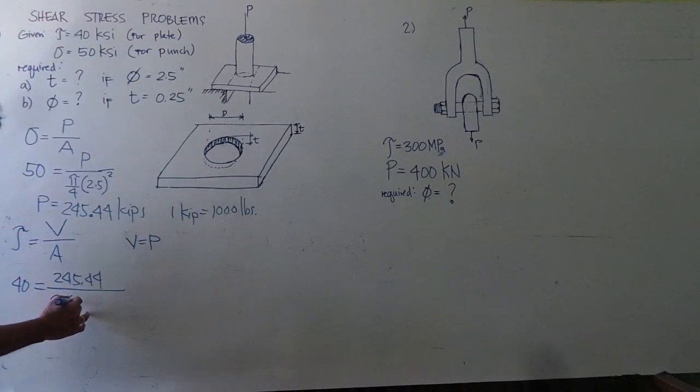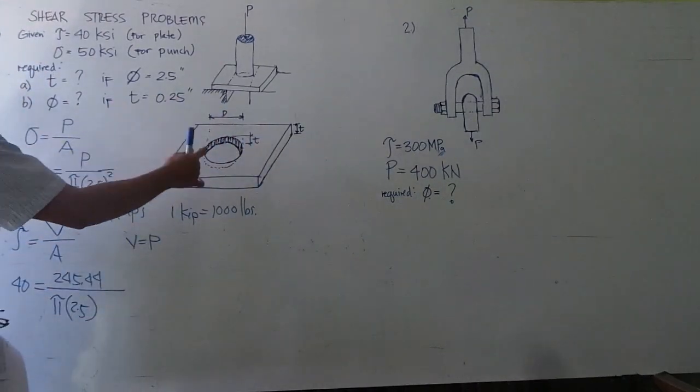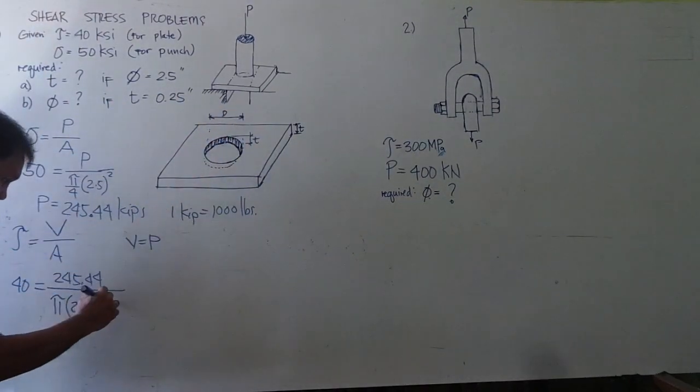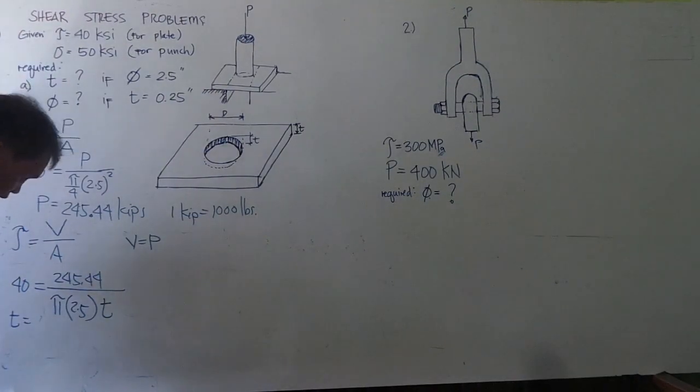So you have 2.5, and this is now the circumference. Then multiply with the thickness, and it will become the area. So the thickness is equivalent to 0.78 of an inch.